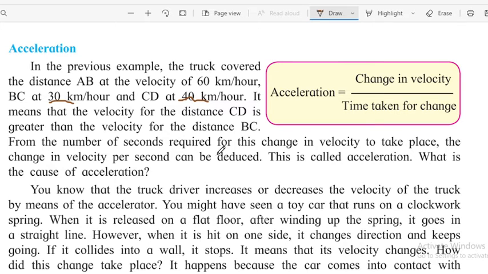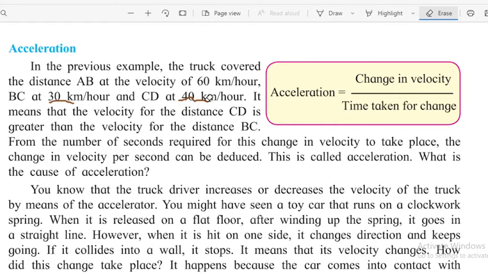So the change in velocity takes place over a number of seconds, and the change in velocity per second can be deduced. This is called acceleration. When we see the definition of acceleration, we will come to know about it.